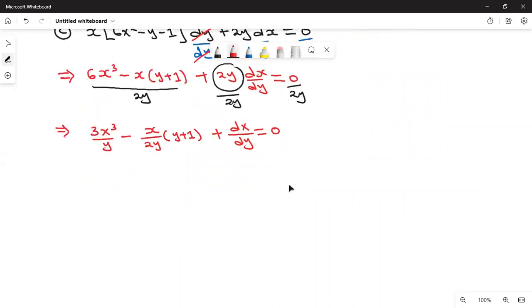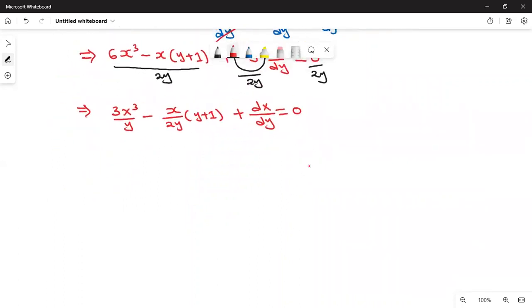Let me rearrange this equation. We can say dx over dy minus y plus 1 over 2y times x is equal to negative 3 over y times x cubed. So when we rearrange, we are going to get that one.